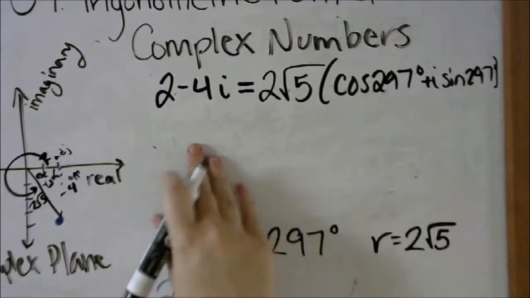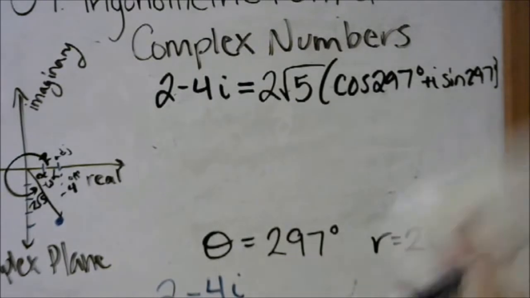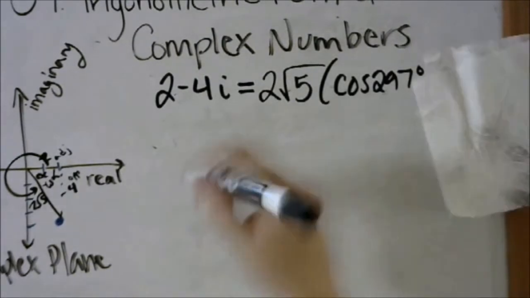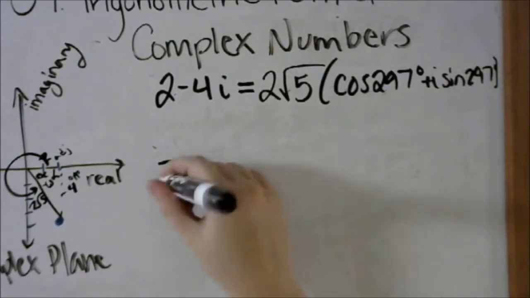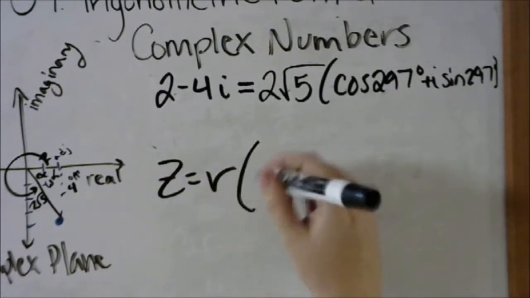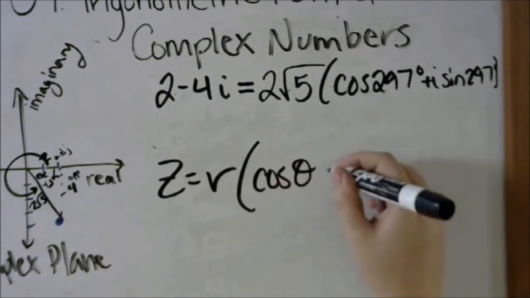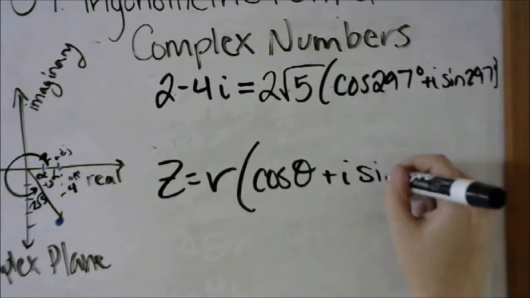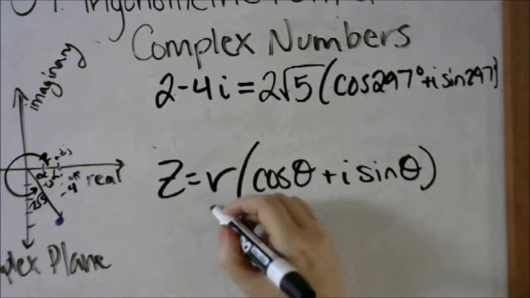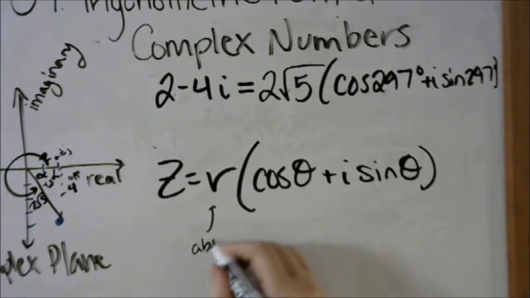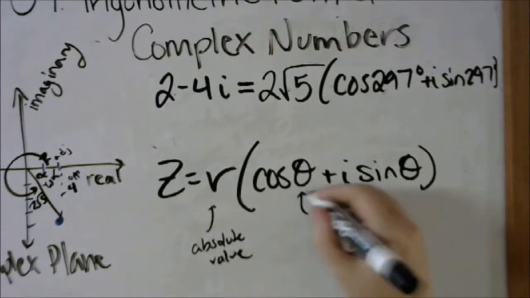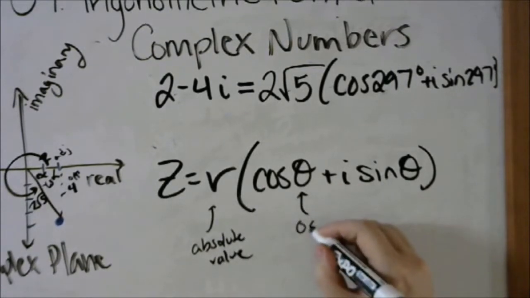The formula for the trigonometric form of a complex number is z equals r (cosine theta plus i sine theta), where r is our absolute value and theta is our least positive angle.